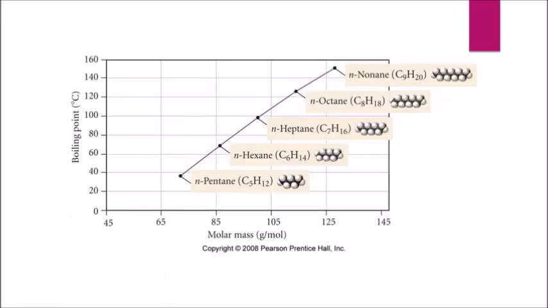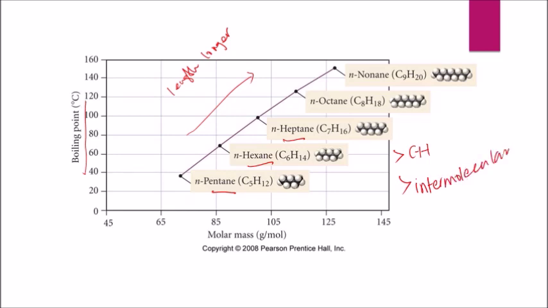So let's look at some examples of the effects of intermolecular forces on the boiling point of hydrocarbons. So we have the hydrocarbons pentane, hexane, heptane, and so on. So from here onwards, you have the length of the hydrocarbon getting longer. All right. When you have the hydrocarbon longer, then you have more CH bonds, so it means you have more intermolecular forces.